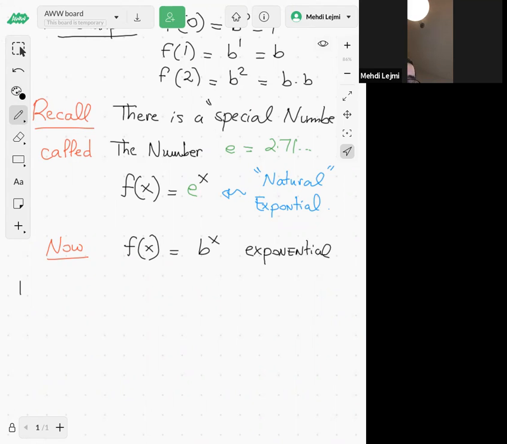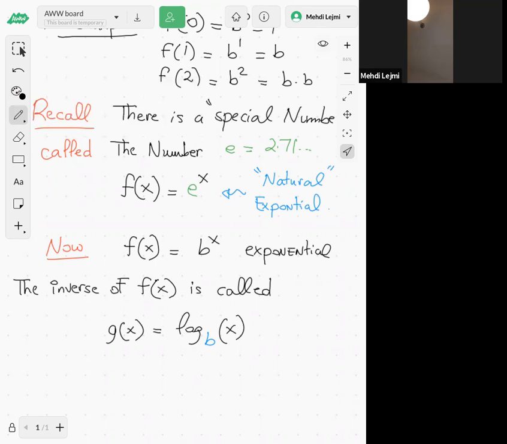Now the inverse of f of x, let's say a function g of x, is called the log in base b of x. So the log, by definition, is the inverse of the exponential, right?